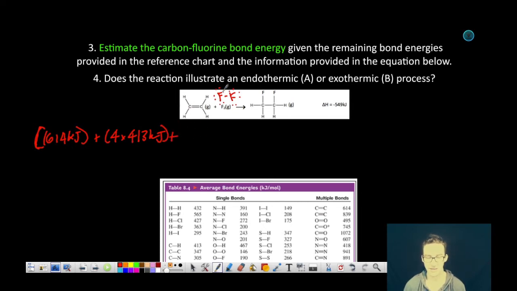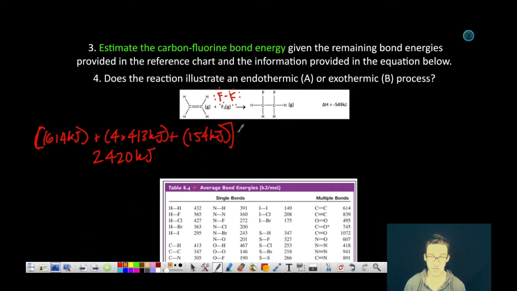And I will add to that the energy required to break the 1 fluorine-fluorine single bond, which is 154 kilojoules. Okay, so sum all these together, we end up with 2,420 kilojoules of energy required to break all of those bonds that make up our reactant molecules.